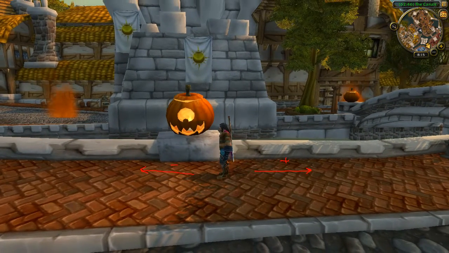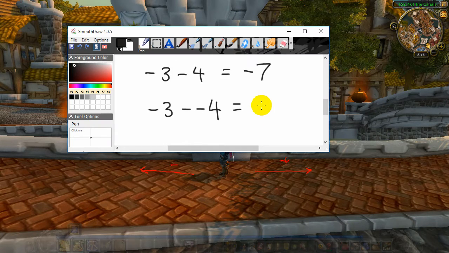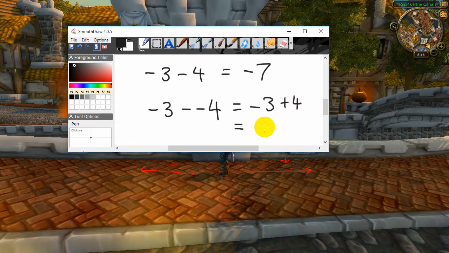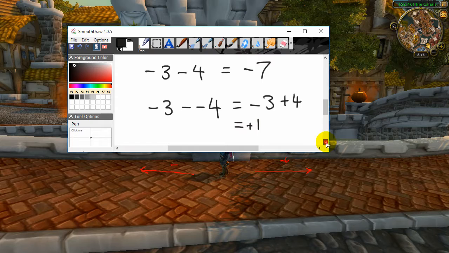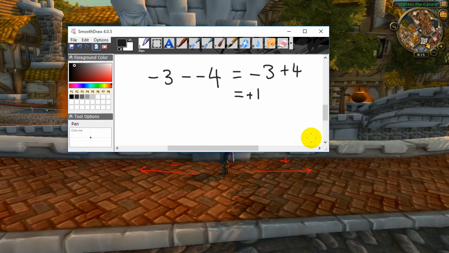I was standing right here, so that's 1 step to the pumpkin. So the answer is actually the same as -3 plus 4, which is positive 1. Okay, so that is when you would use a double negative: you would turn around and then walk.